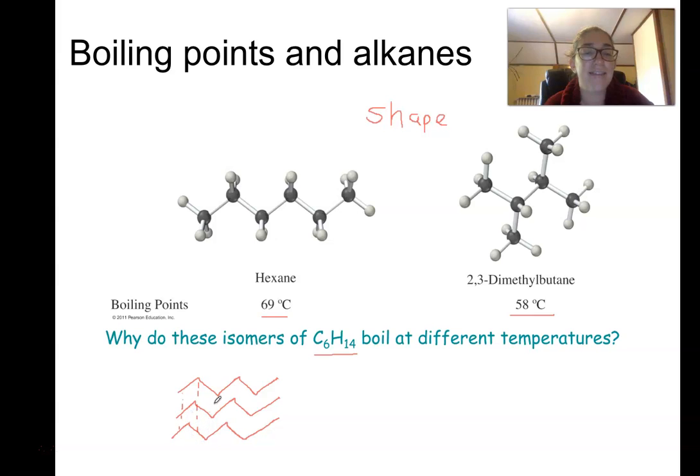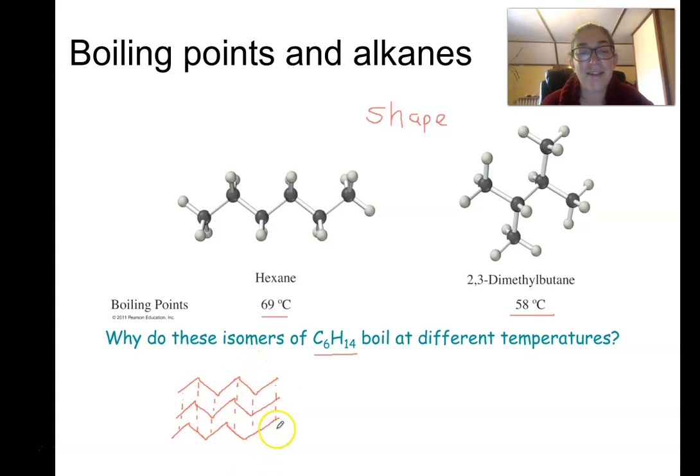I like to say they spoon better. You know, like when you lay in bed with someone and you curve your bodies together like spoons. Spoons in a drawer fit really nicely together. They stack well. So that's what happens with straight chain alkanes. They can spoon better.